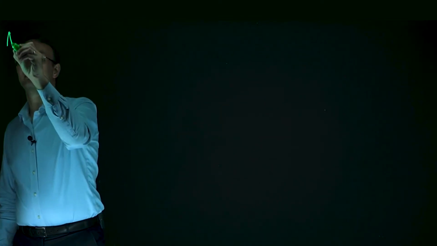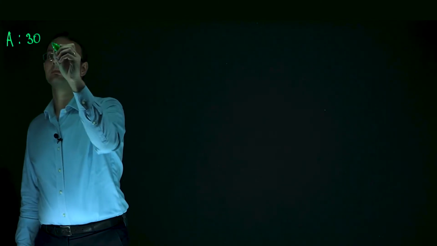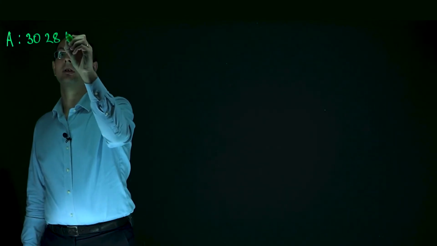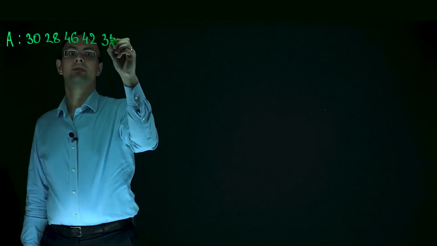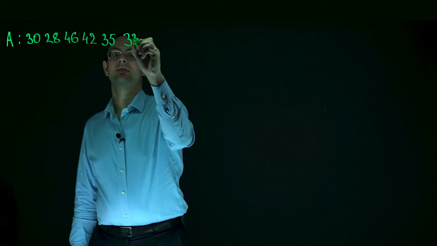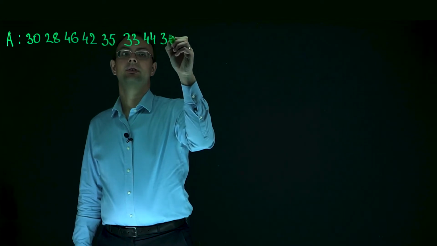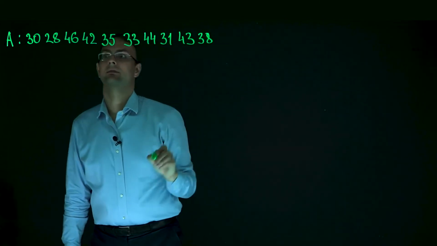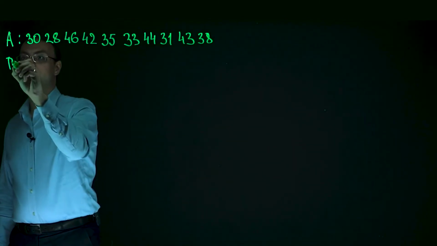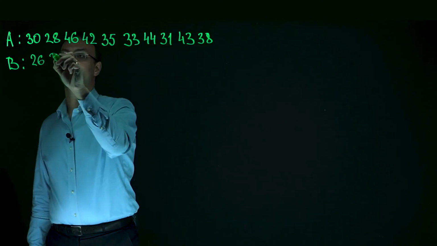And so for interface A, times in seconds were 30, 28, 46, 42, 35, 33, 44, 31, 43, and 38.